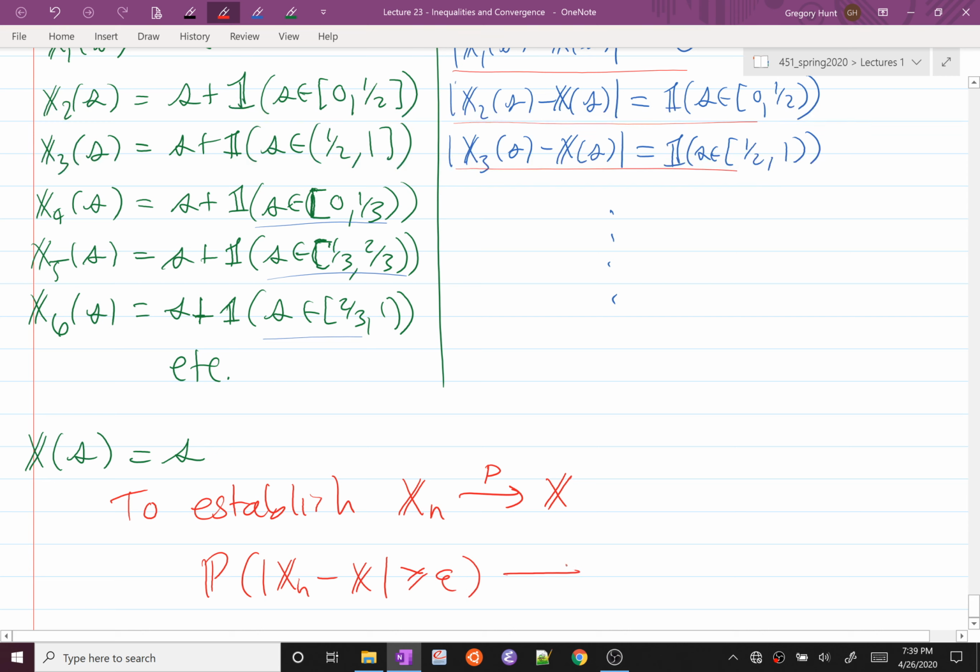I have to show that the limit of this thing is 0 as n goes to infinity. So I write an arrow with an n over it and say that the limit as n goes to infinity is 0. I do these calculations.